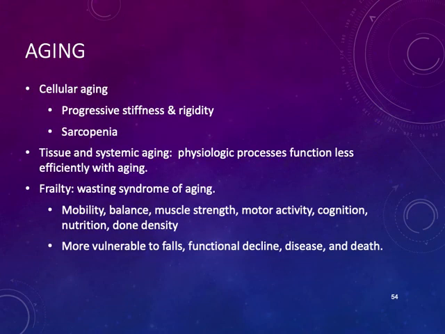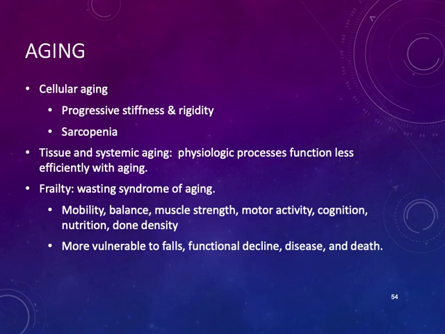In terms of cellular aging, these are like progressive stiffness and rigidity. A good example is why patients develop hypertension as they get older, essential hypertension. Even our arteries and all that, they become more stiff essentially, and they're more prone to developing hypertension essentially.